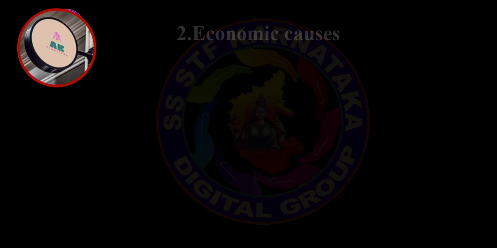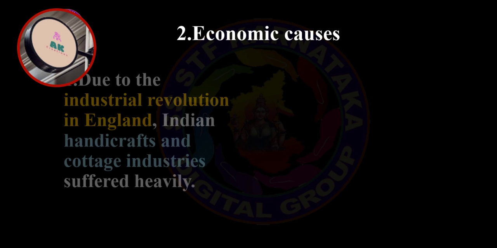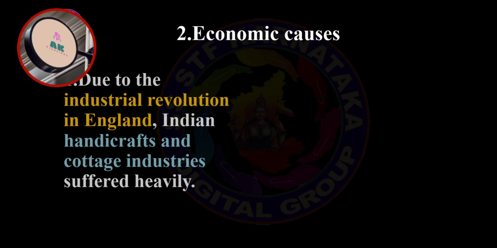You understood the political cause, right? In the political cause, children, you have to remember only one thing: Lord Dalhousie. What did he do and why? To bring the Indian rulers down step by step so that they could go up and rule all over India.